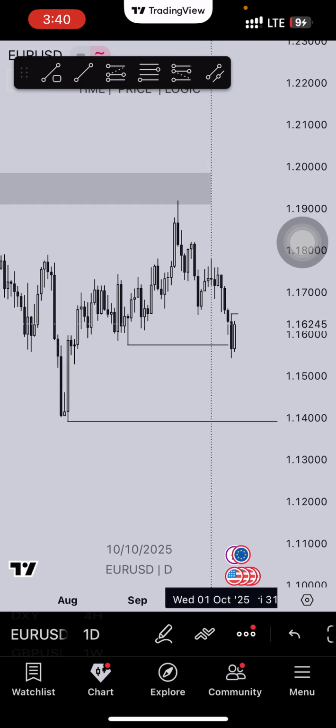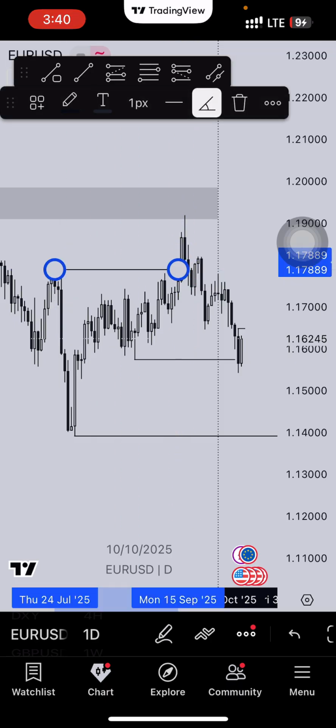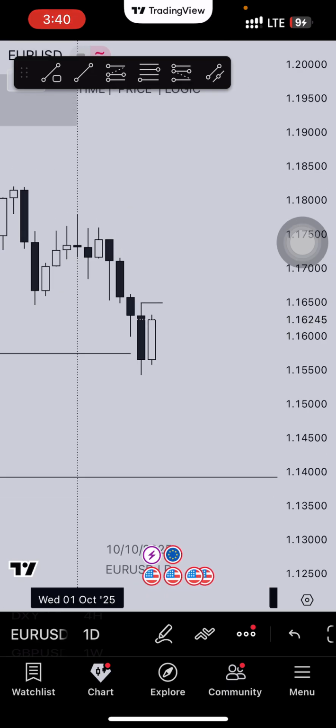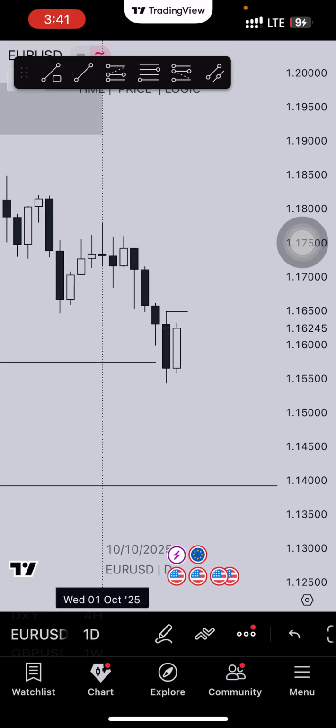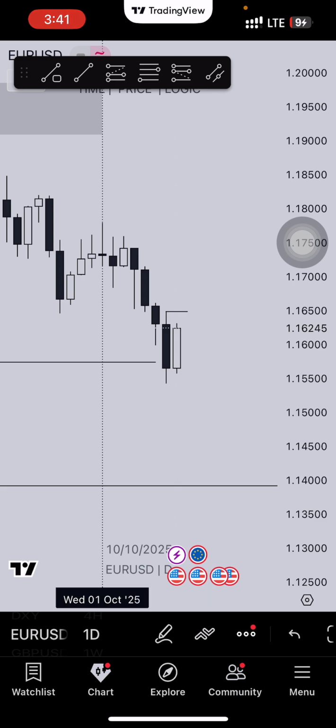So basically we had a retracement and there was a trade inside of this Friday's candle, but I didn't take the trade because I was off the charts from Friday.